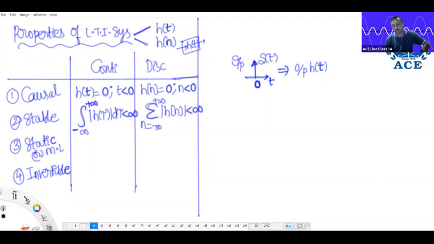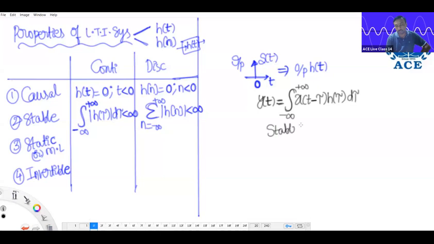How did we get this condition? What is the convolution integral formula? We know, sir: integral x of t minus tau h of tau d tau. Apply the concept of stability to this relation, BIBO.